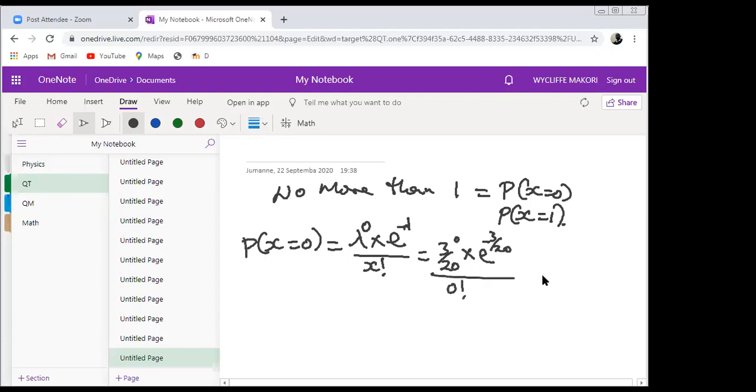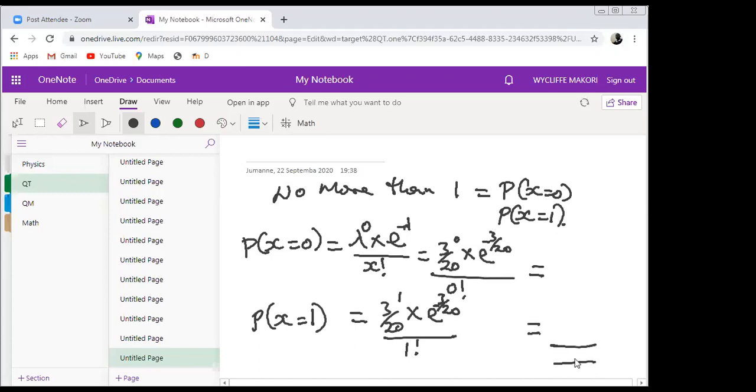We get that answer. Then we also calculate the probability of x equal to 1, which is 3 over 20 power 1, times e power negative 3 over 20, over 1 factorial. We get the answer for that, and then we shall add these two answers to get the probability.